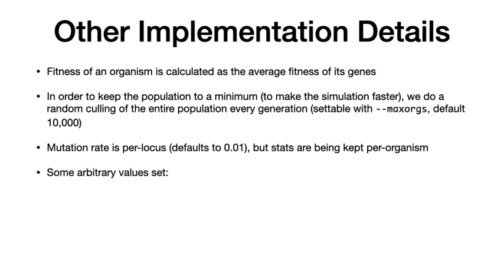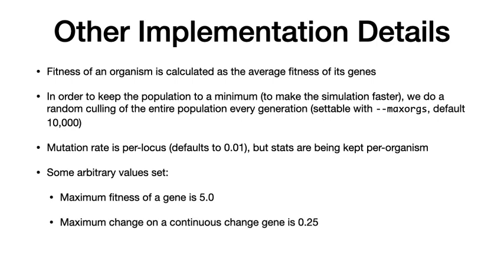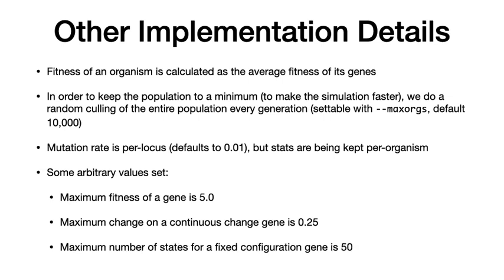We do set some arbitrary values. The maximum fitness of a gene is 5. The maximum change on a continuous change gene is 0.25, and the maximum number of states for a fixed configuration gene is 50. I don't think any of those dramatically impact it too much, but those are good things to keep in mind. So that's where the simulation stands at the moment.